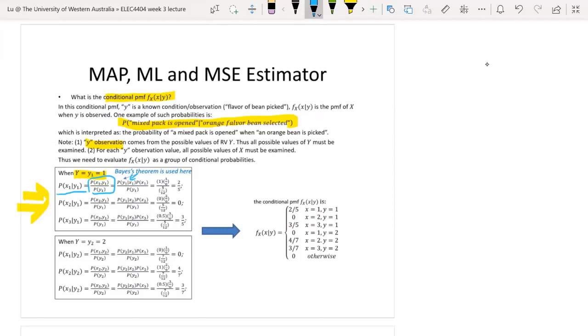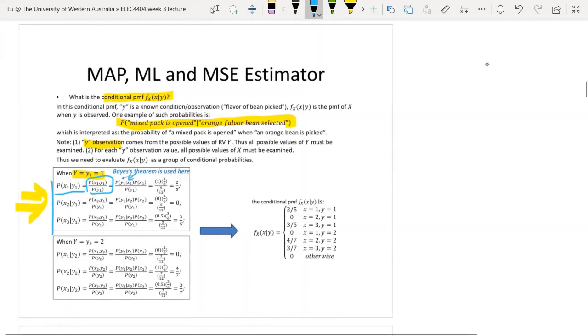We already know the PMF of y subject to x from the previous two or three questions. After all these mathematical formulas, we can put the values into the formula to finish the calculation. Now, out of these three cases, if you are picking up a lime flavor bean, in other words if y1 equals 1, such conditional probabilities are equal to these values.